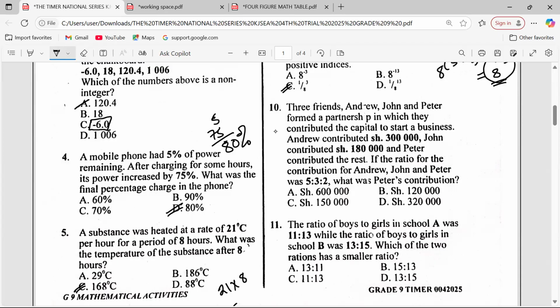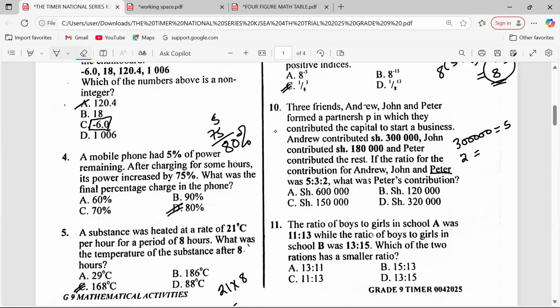That of Andrew and that of John. So 300,000 is equal to Andrew, which is 5 proportions. What about the 2 proportions of Peter?